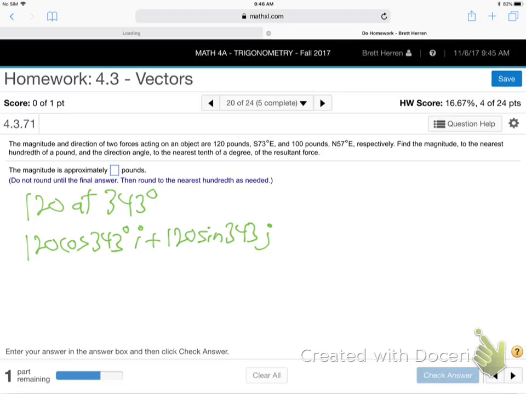How to turn angle and magnitude into IJ. It's just whatever the length is, the 120, times the cosine of the angle I, because cosine is always sideways, so it's I, and sine of the angle J.